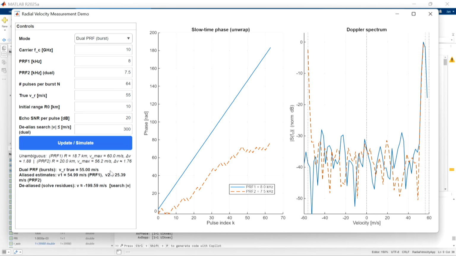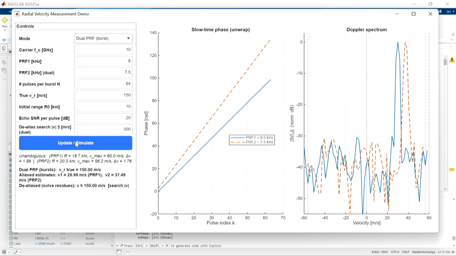So now it works. If I put 150, I will be outside of my maximum speed. You can see that the first gives me a wrong value of about 30 meters per second, the second gives me about 38 or something like this. Yes, 38 and 30 meters per second.